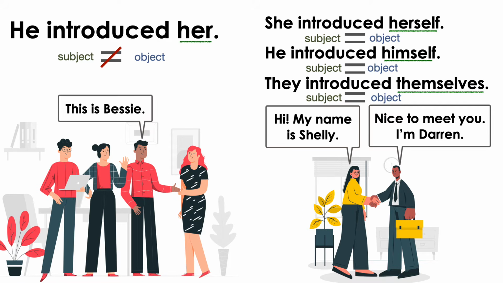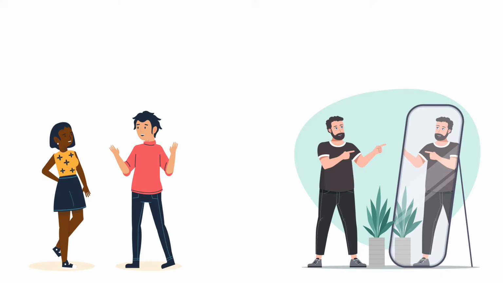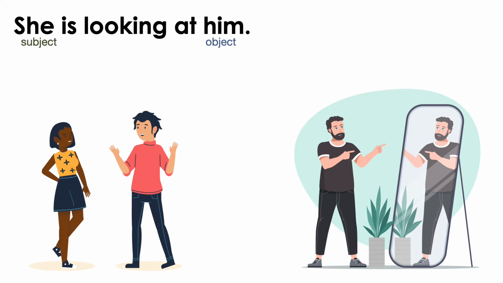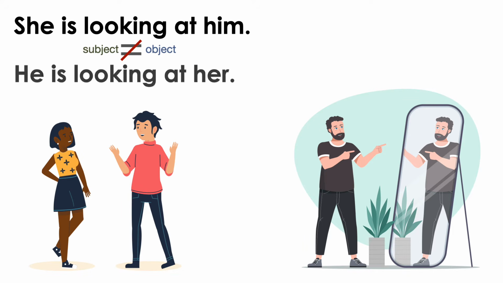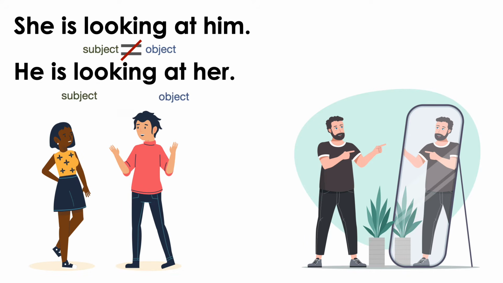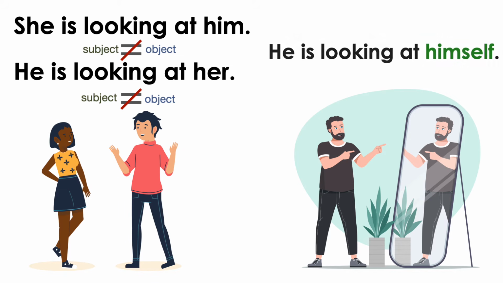Let's look at some more examples. She is looking at him. He is looking at her. He is looking at himself.